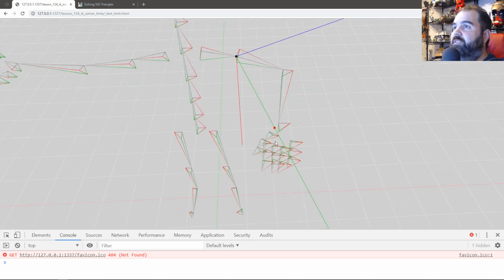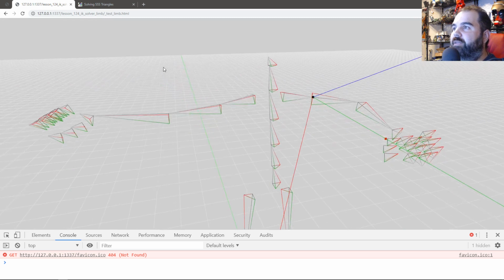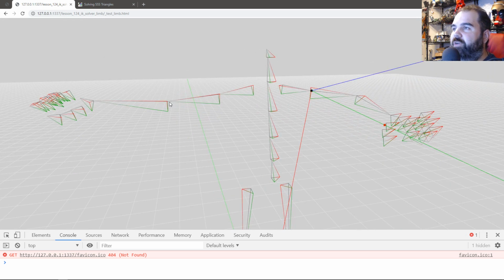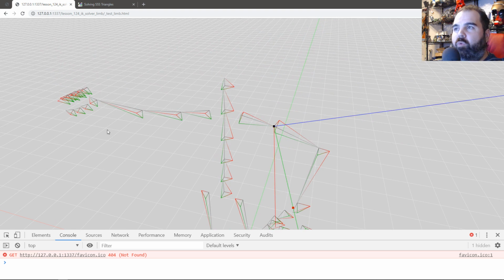But that's because of this: see how this isn't perfectly straight? That little angle is what's causing that to be misfired. So the more misaligned those two bones are, the more misaligned your end effector is going to be.